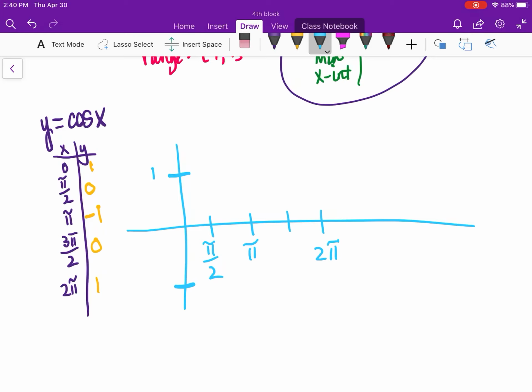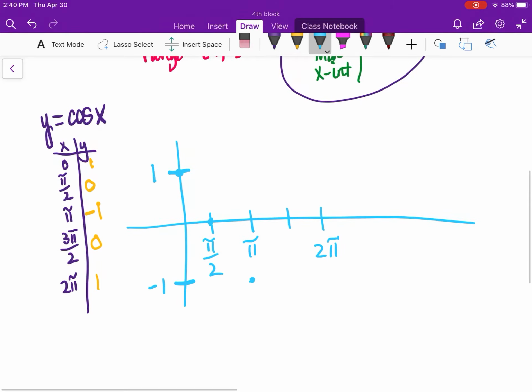Now, once again, what's your highest y and your lowest y? Yeah, so we'll use the scale of 1. So now I'm going to plot my first point, 0, 1. Then I'm going to plot pi over 2, 0. And then pi, negative 1, 3 pi over 2, 0, and 2 pi, 1.